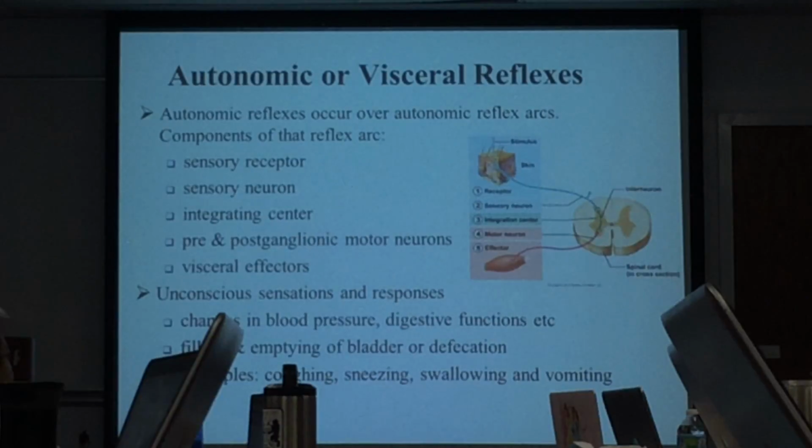Let's talk a little bit about autonomic reflexes or visceral reflexes. There are many components for this reflex to occur. The first component is you need sensory receptors, such as receptors on your skin, and you can sense, let's say, high temperature, the burn or the cold.